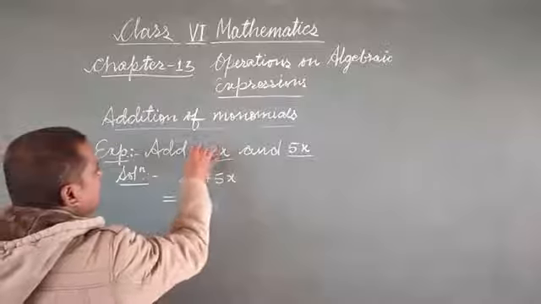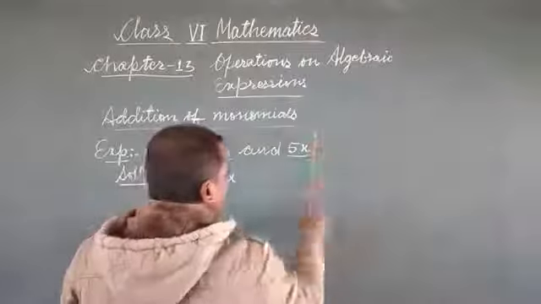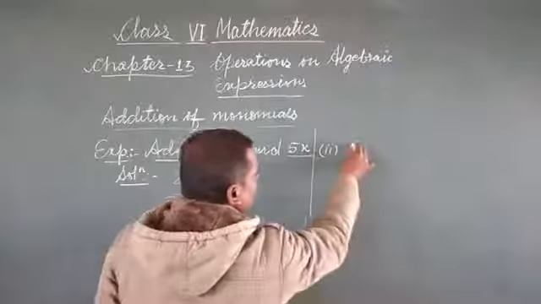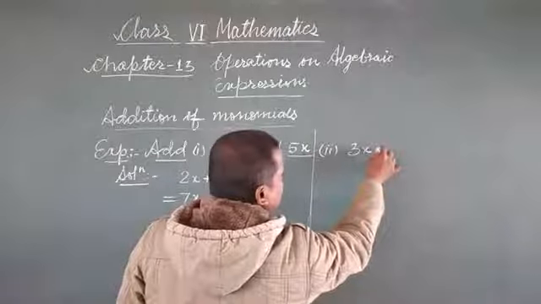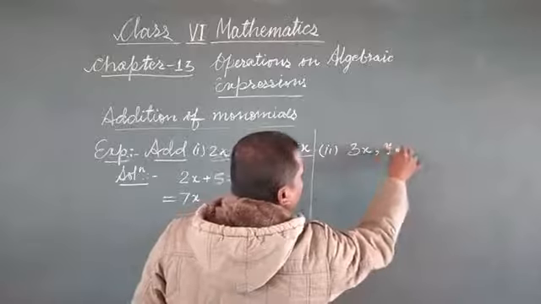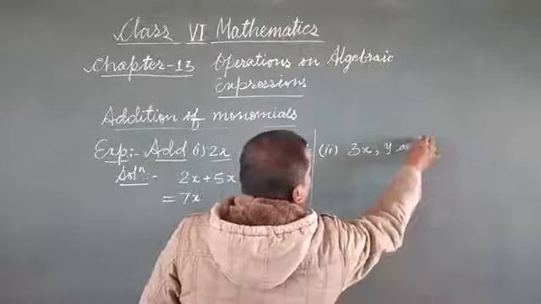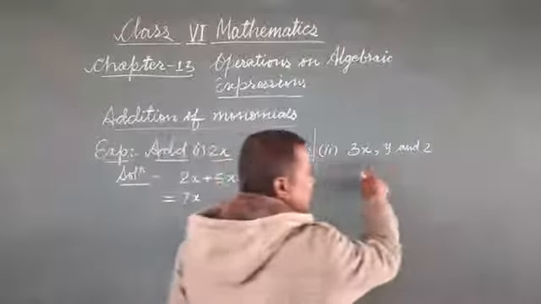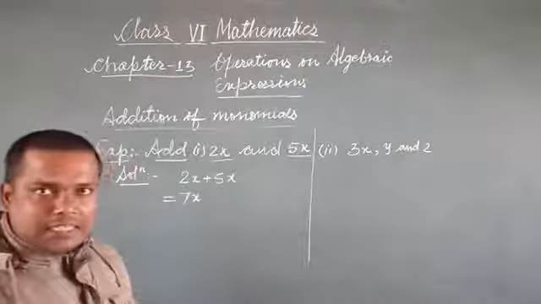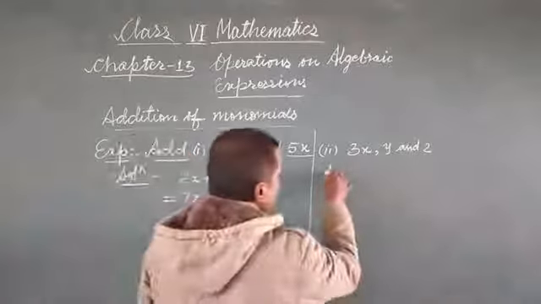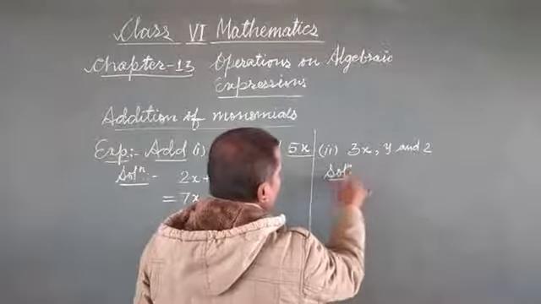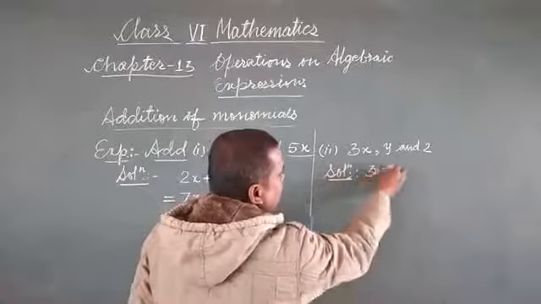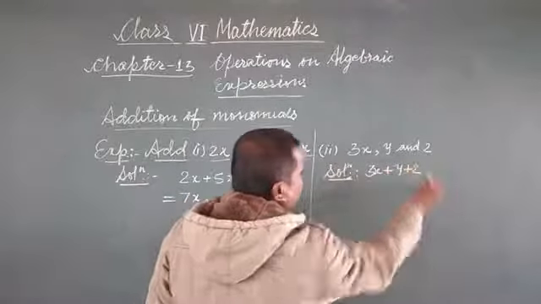Now the second example, I am showing. Add 3x, y, and 2. We have three monomials here and we have to add them. So I am writing here solution: 3x plus y plus 2.